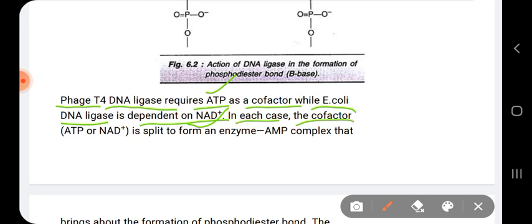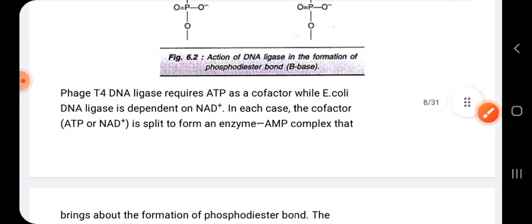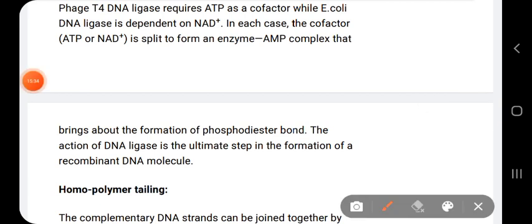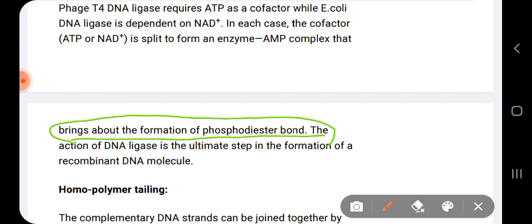In each case, this cofactor, ATP or NAD plus, is split to form an enzyme AMP complex. This enzyme AMP complex brings about the formation of the phosphodiester bond. So whether you are using ATP in the case of T4 phage DNA ligase, or NAD plus as needed by the E. coli DNA ligase, the cofactor is split into AMP to form an enzyme AMP complex, and that complex brings about the formation of the phosphodiester bond.